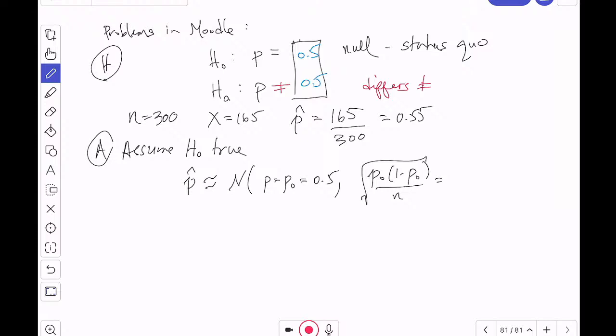When you put all this together, that's what you get.